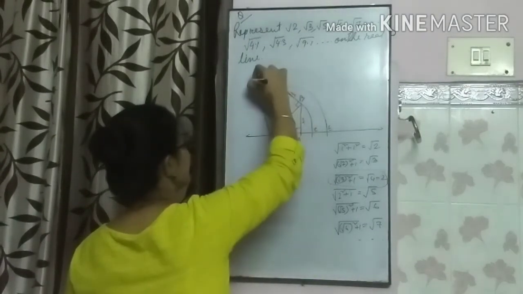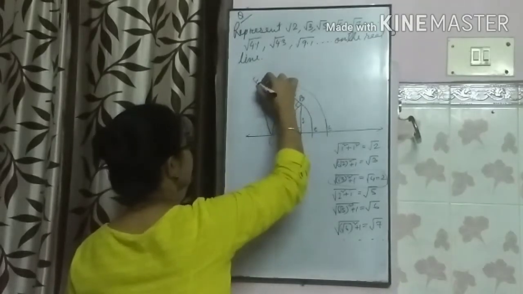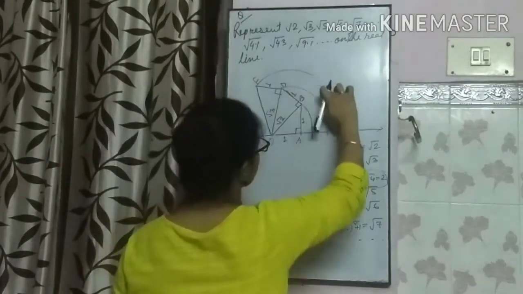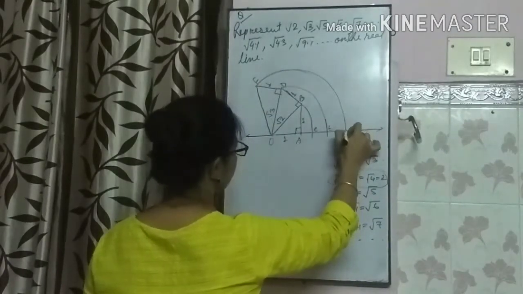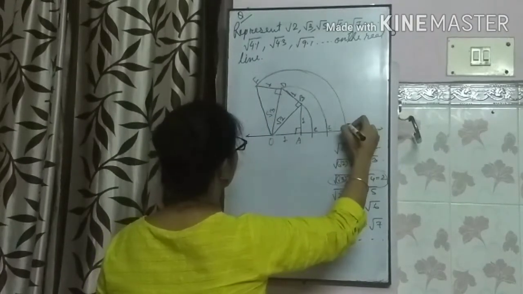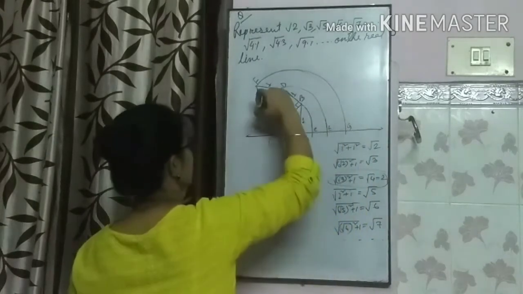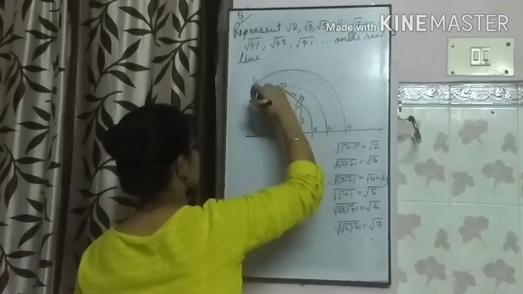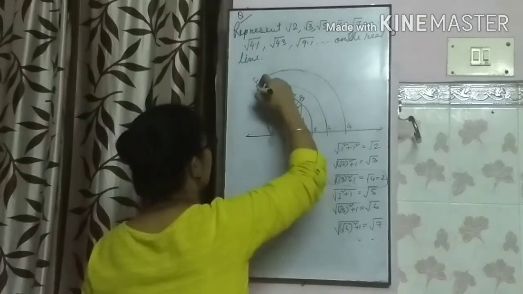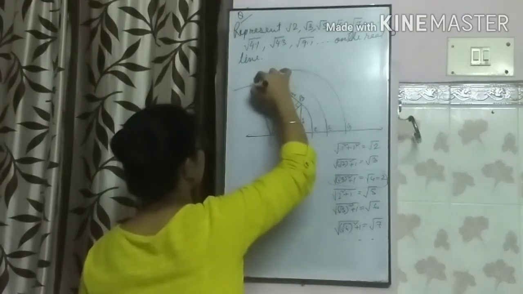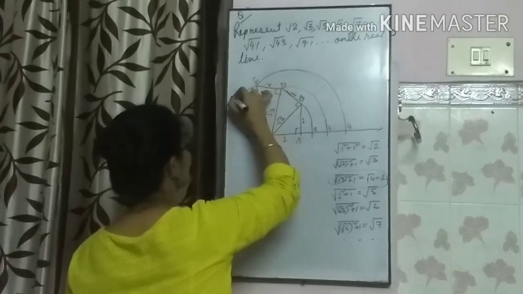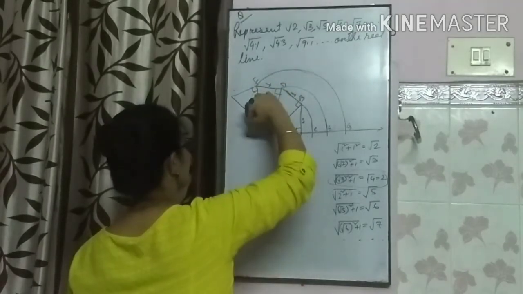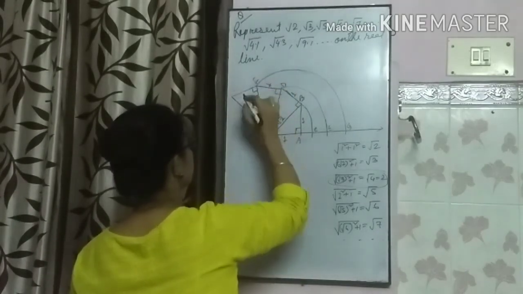So D and E is already placed. Here it will take, cut at some other point. E and suppose it is Z, it will come as root 4, that means 2. Then on that, when you make perpendicular, it will give you root 5.